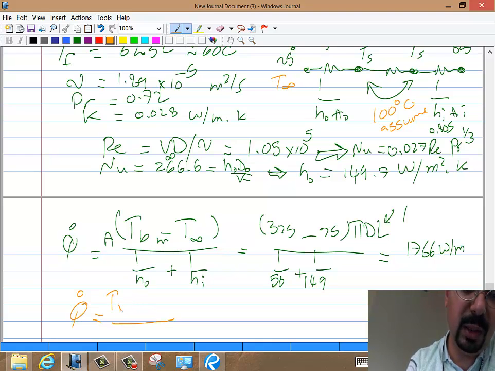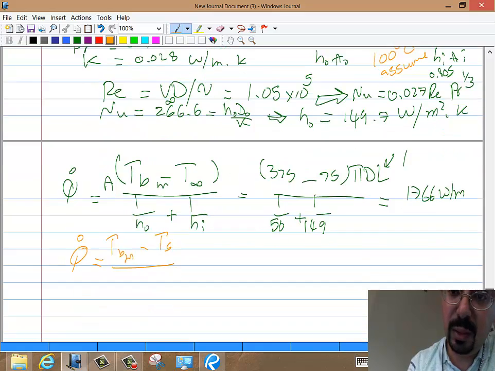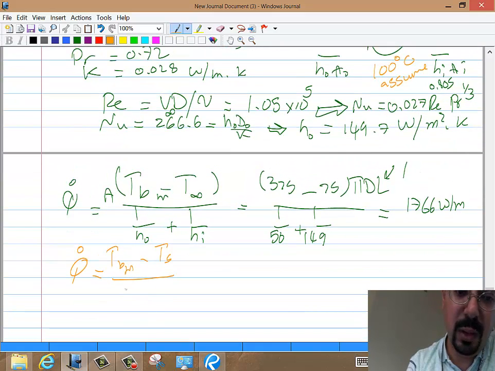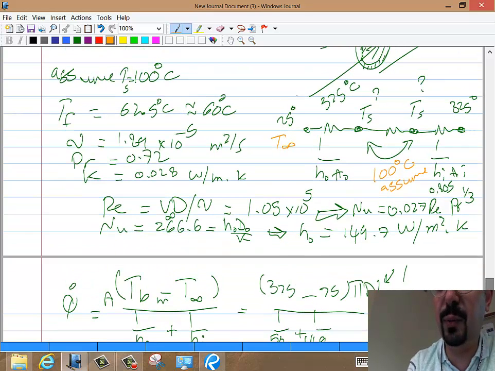So T bulk mean minus TS over 1 over H I area I, correct? You have H I area I, so Jesse basically did it only for this part. He said that Q through the whole thing is also Q from the fluid to the surface. So T bulk mean minus TS over 1 over H I area I.